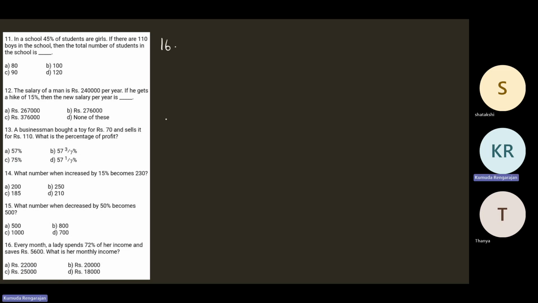Every month, a lady spends 72% of her income and saves rupees 5,600. What is her monthly income? So income is 100%. From your income, you spend and you save the remaining.